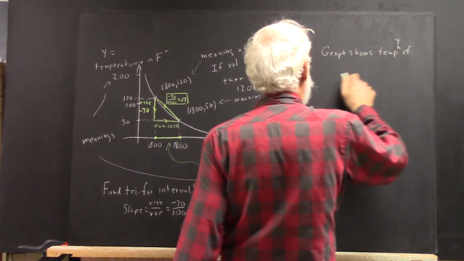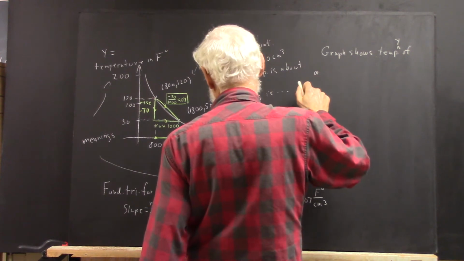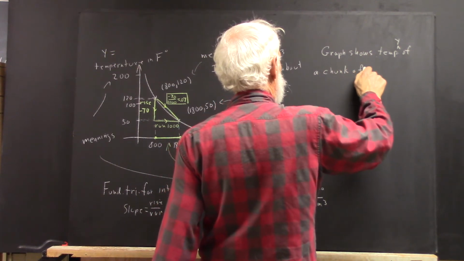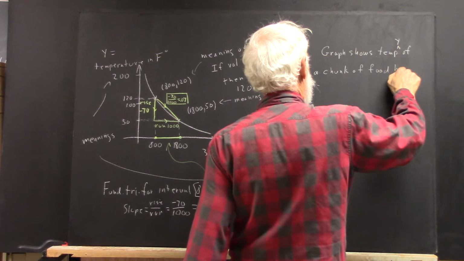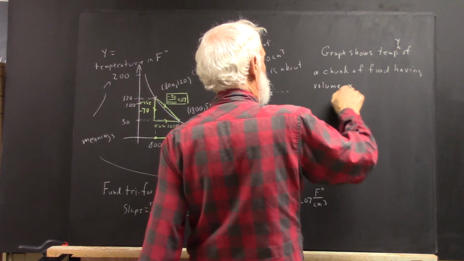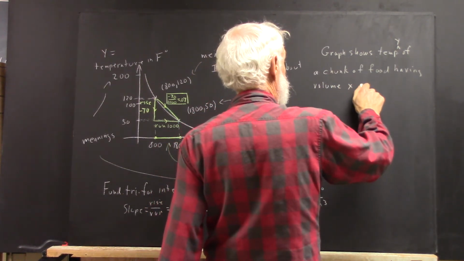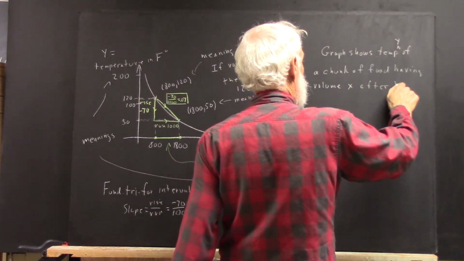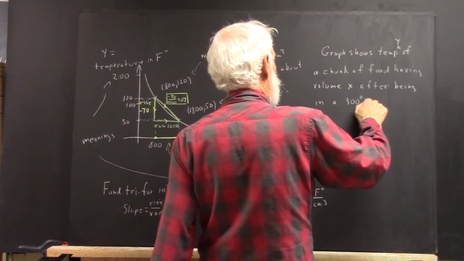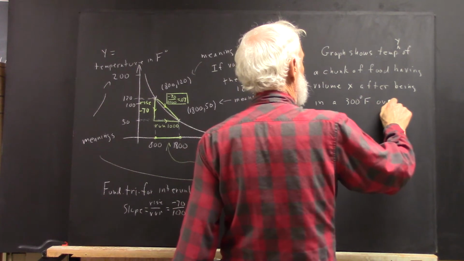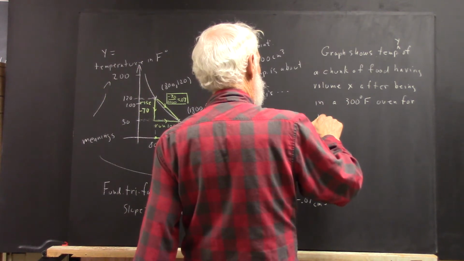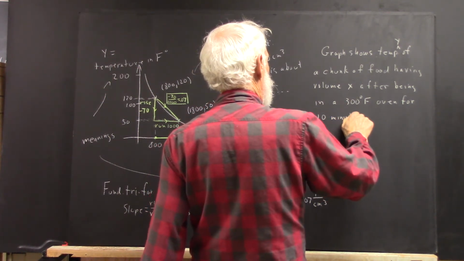So I'm going to say the temperature Y of a chunk of food having volume X after being in a 300-degree Fahrenheit oven for 10 minutes.